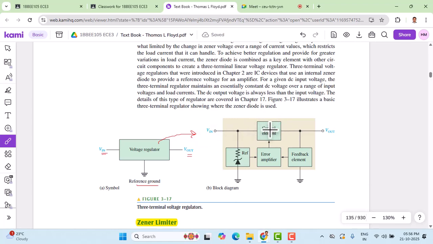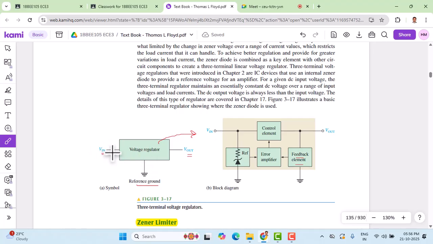The input voltage goes to a control element, and there is an error amplifier, and there is a feedback element here. We are not going to discuss the inner details of these sub blocks, since we are discussing the Zener diode as a voltage regulator. It comes in integrated circuit form, and it has three terminals: ground, reference ground, and input voltage.